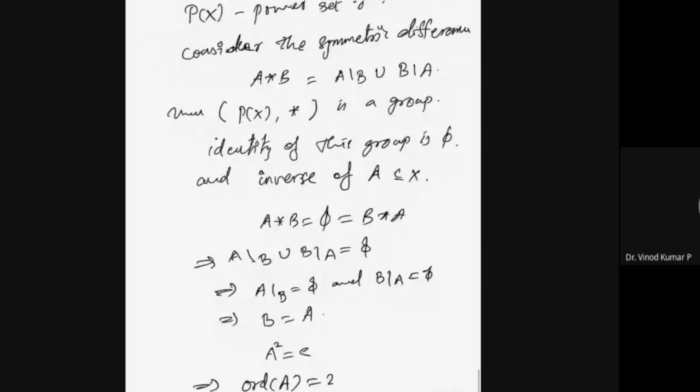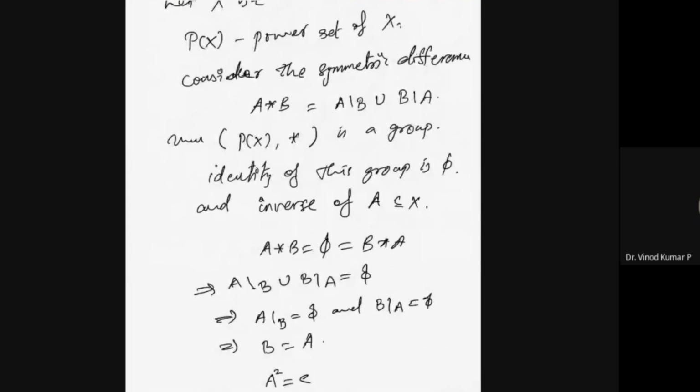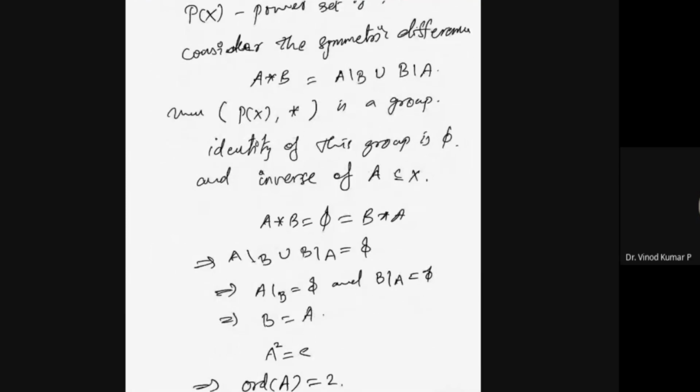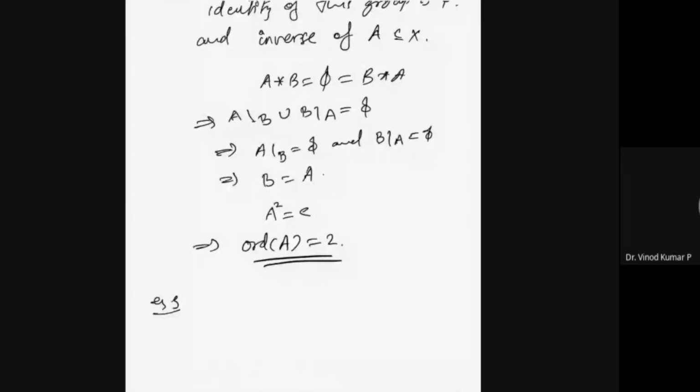This is an interesting example: you make the power set a group where every element is its own inverse, self-inverse, and that means the order of A is 2 for every subset. Maybe you can take other groups, like the 2^n-th roots of unity.